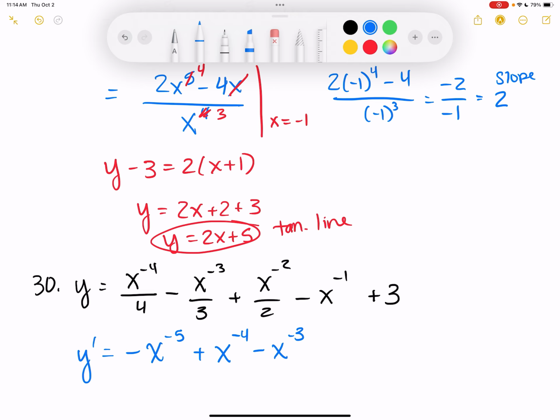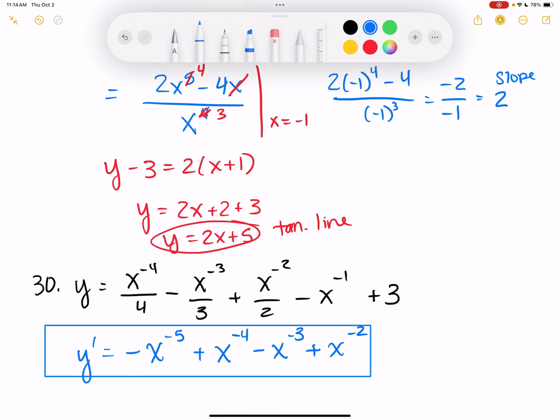And then multiply by -1. I would get positive. So plus x to the -2. And then the derivative of a constant, obviously, just 0. So that part is gone. So you just really have to watch when there's negatives to make sure that you go the correct direction. That tends to be where people get it mixed up.